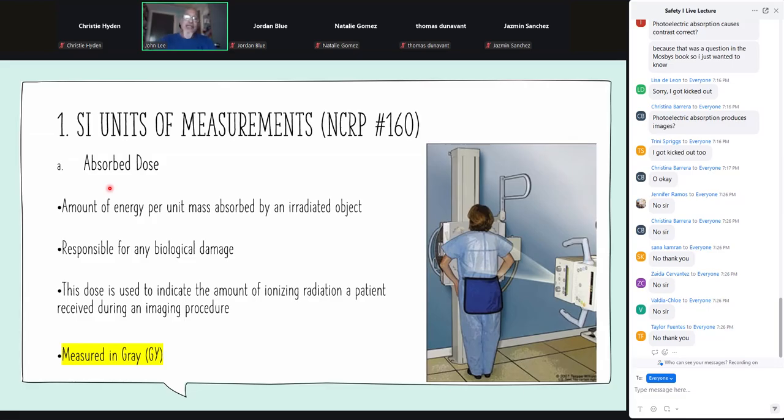The unit is gray. That should be lowercase y, and it should have a subscript. The subscript is T, lowercase t, for tissue. So measured in gray sub T for tissue. That's an important thing to add.